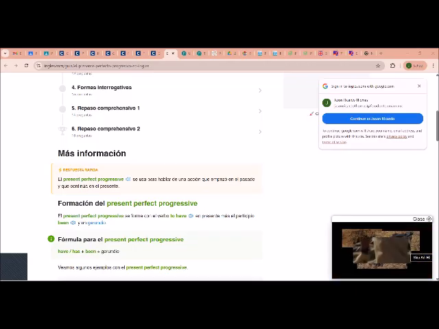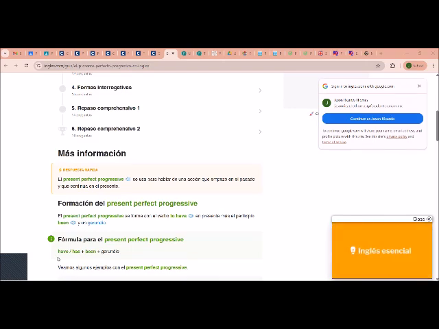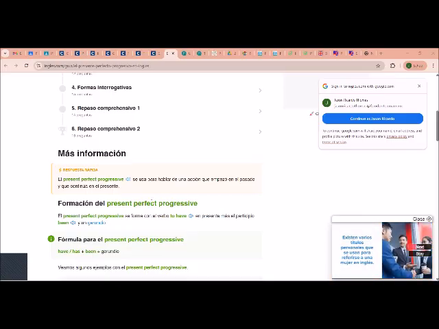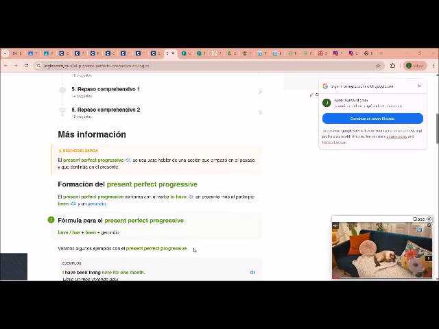So with the use of the present perfect continuous, we're going to be using the present form of have and has. We're going to use the perfect form or participle of the verb to be, and we're going to use the progressive form, gerund, ing, of our main verb.